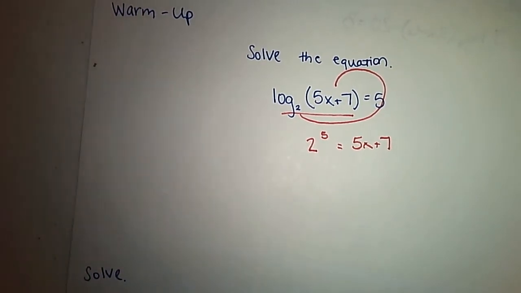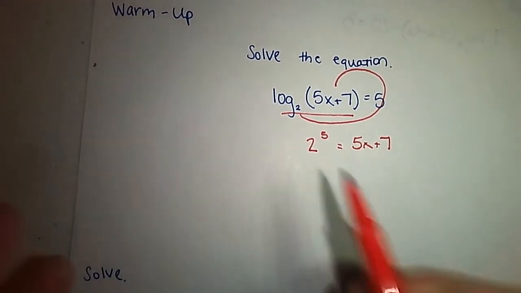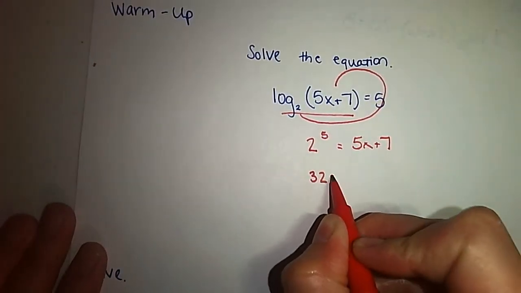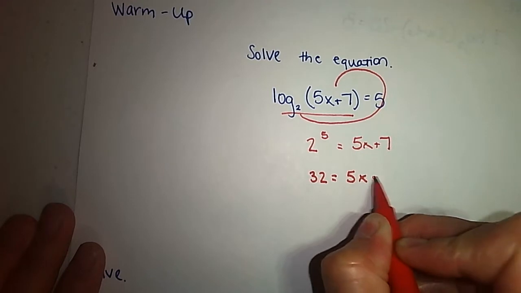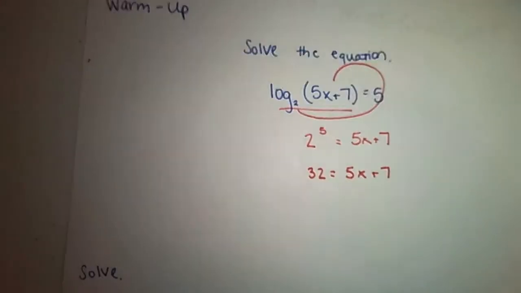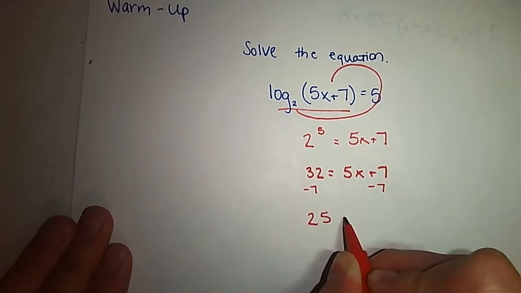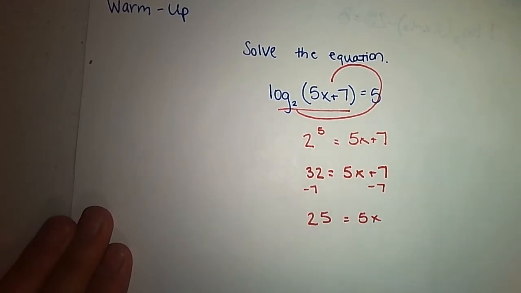And then from here, it's a pretty easy equation that we can solve. 2 to the 5th is 32. Then I'm going to subtract 7 from both sides, and then divide both sides by 5. And it looks like my answer is x equals 5.